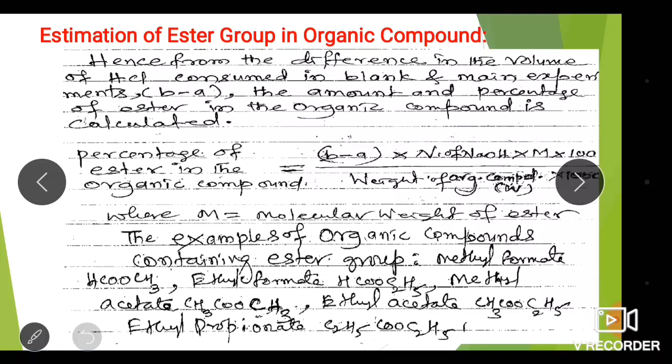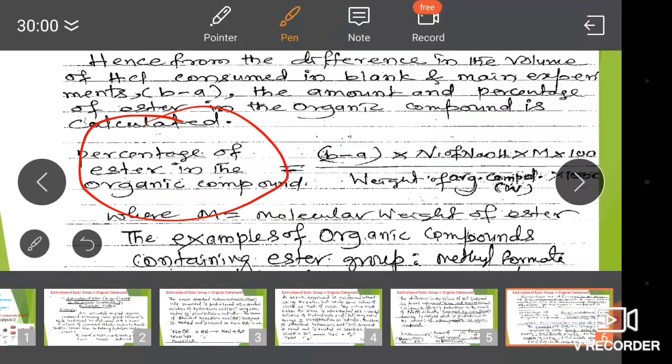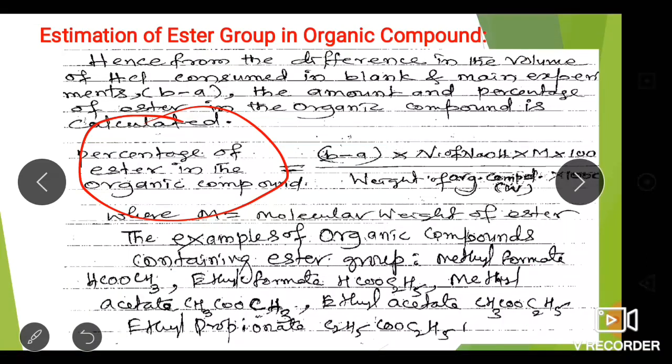Simply the formula: percentage of the ester in organic compound is equal to (B minus A), that is nothing but the difference between blank and sample, or main titration reading, into normality of NaOH into M, that is molecular weight, into 100, divided by weight of organic compound into 1000.